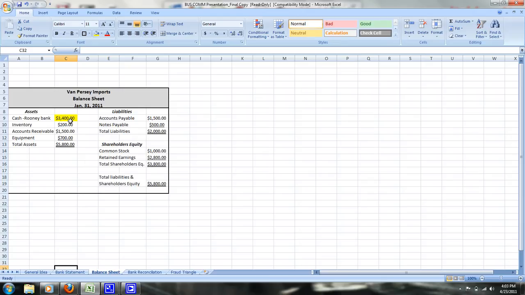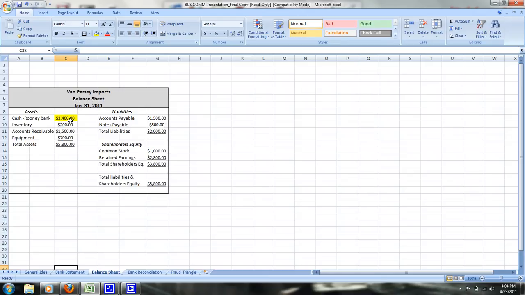The first one is errors. A lot of times people record it wrong. Like you might record a check for $967 instead of $976, which would throw off the balance. And errors can occur on the company side and the bank side of things.